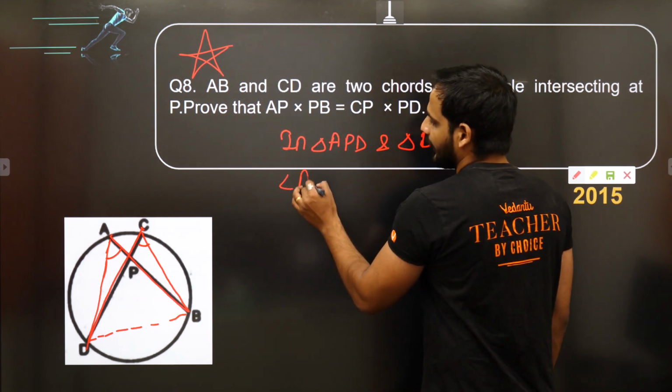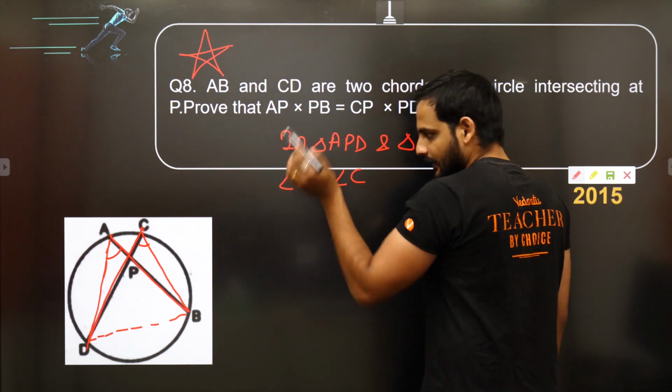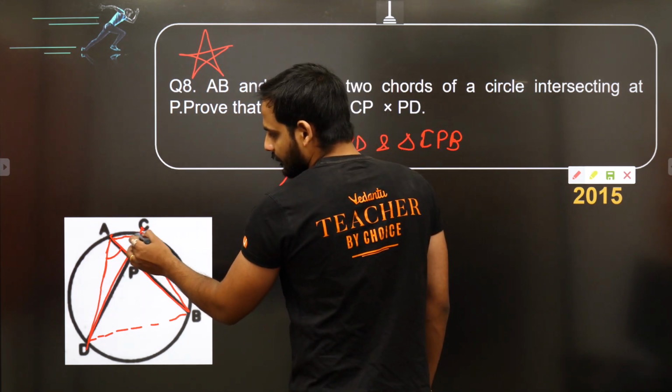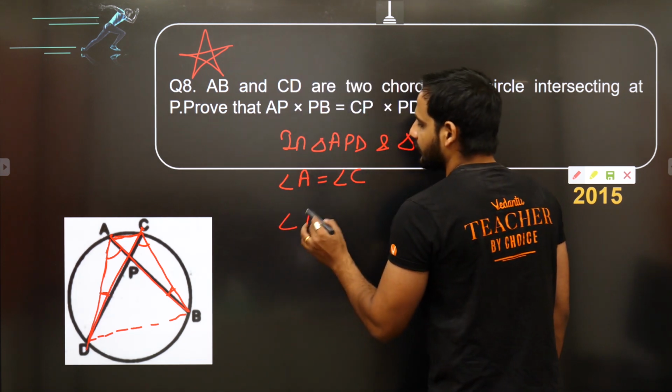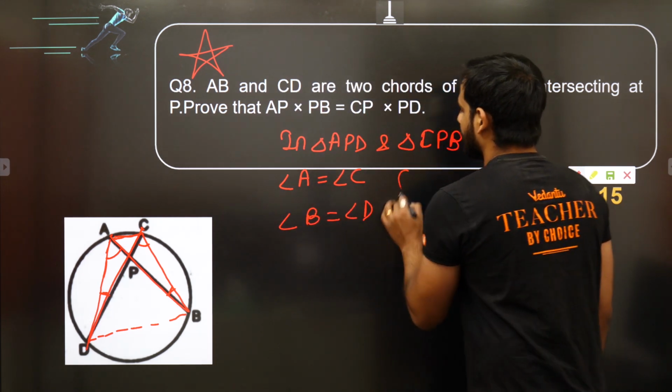So angle A is equal to angle C. Similarly, if you consider AC as a chord, then angle B and angle D will be equal because they are angles in the same segment.